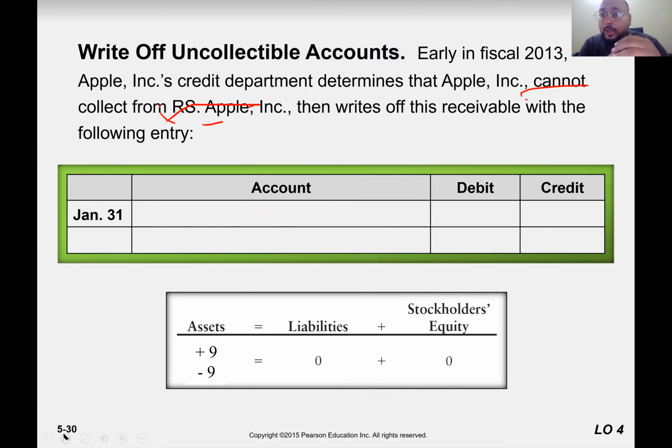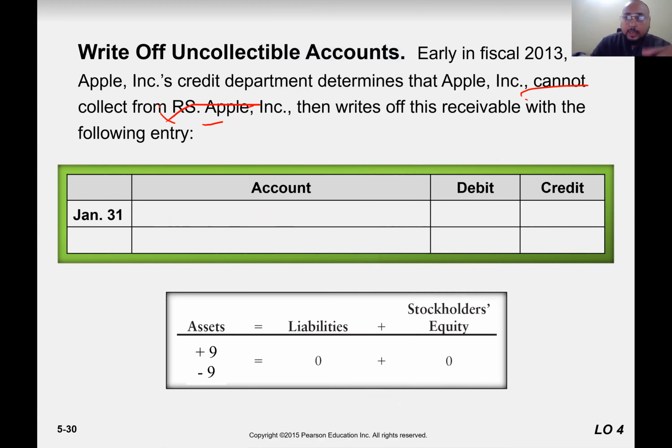Up till now, in pre-planning, we expect that 1% is not going to be received in the aging method. That was our estimation, right? In reality, what happened during the year? RS said the 9 million is not going to be received.